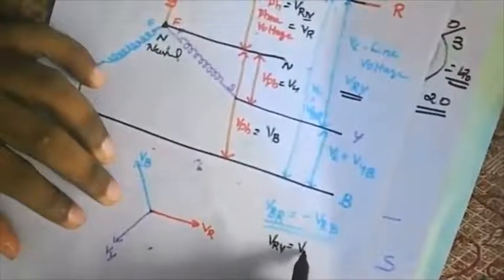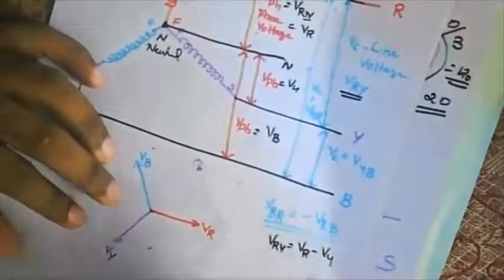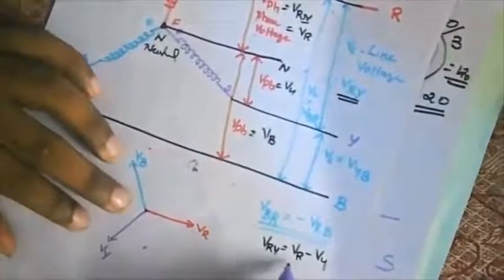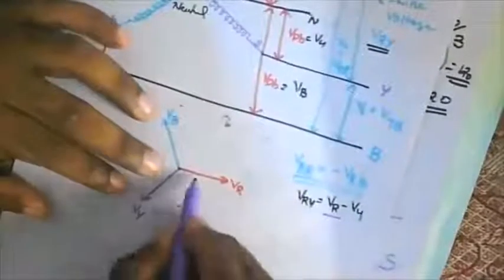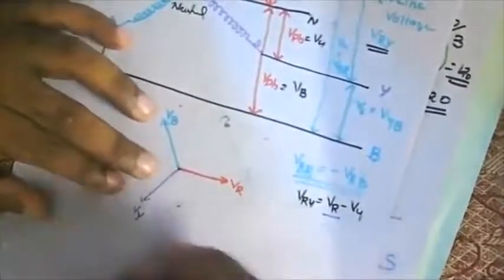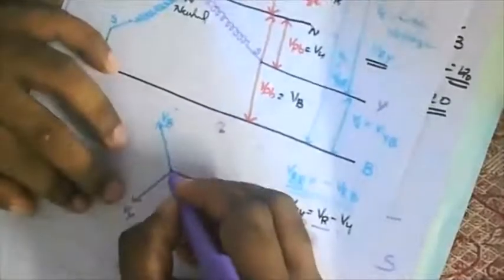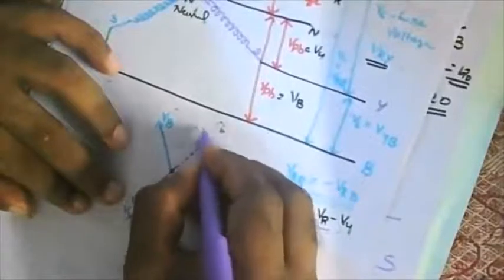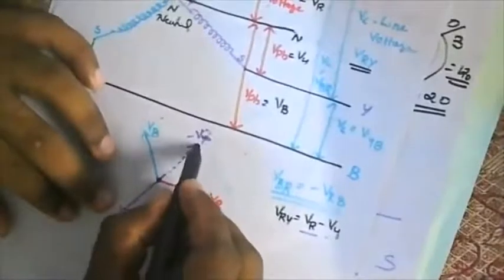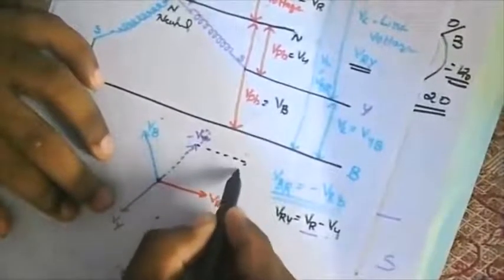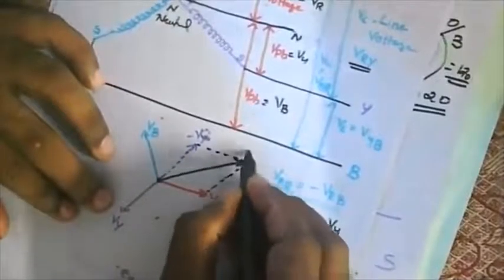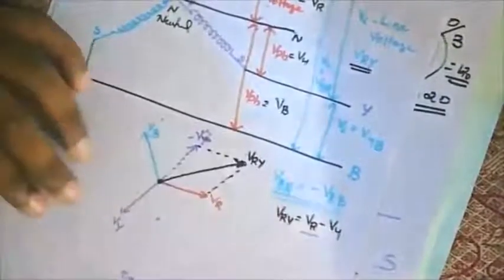VRY is equal to VR minus VY. VR is this one. Second one is minus VY. VY is this. Minus VY means I should extend it backwards. If I take the resultant, I will get VRY.